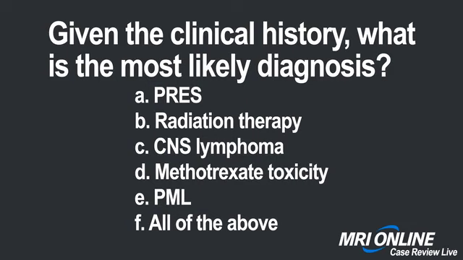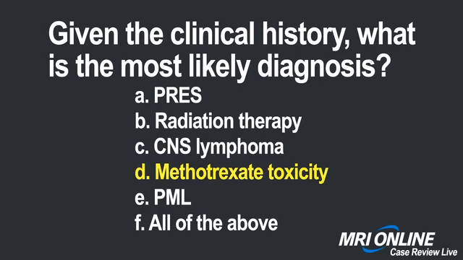Would this be A, posterior reversible encephalopathy syndrome, B, radiation therapy, C, CNS lymphoma, D, methotrexate toxicity, E, progressive multifocal leukoencephalopathy, or F, all of the above? So given the clinical history, what's the most likely diagnosis in this patient?